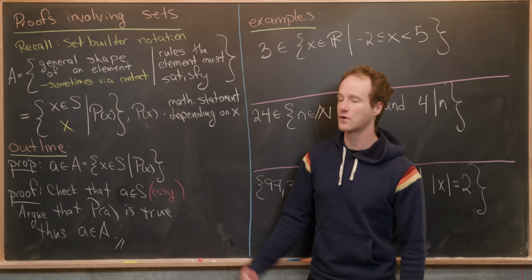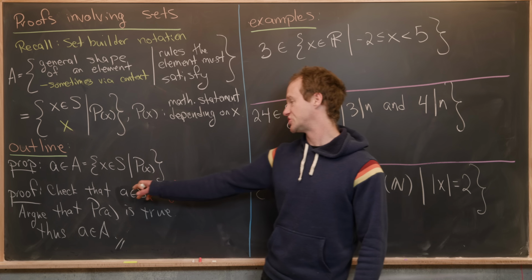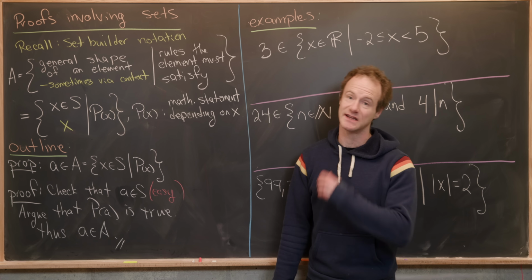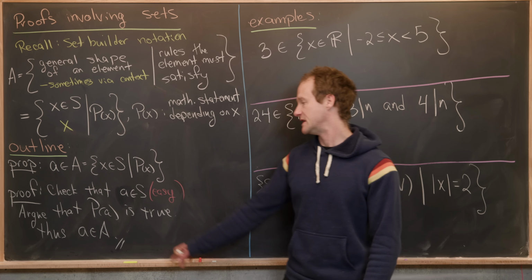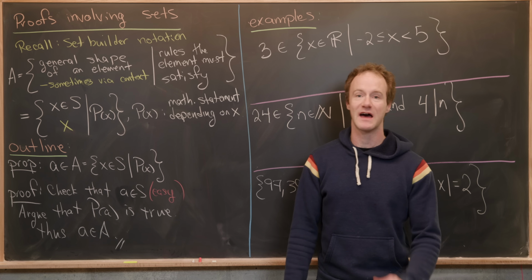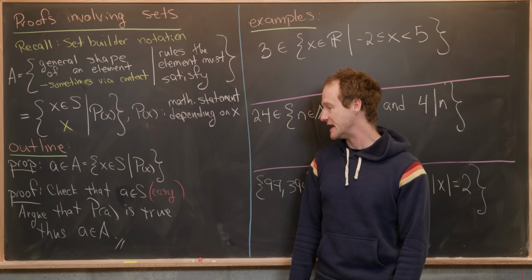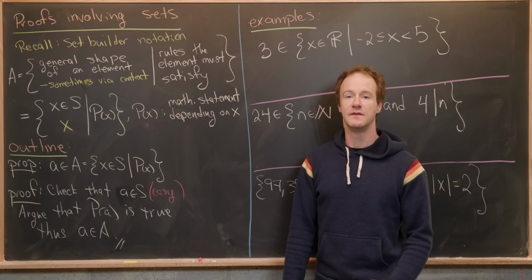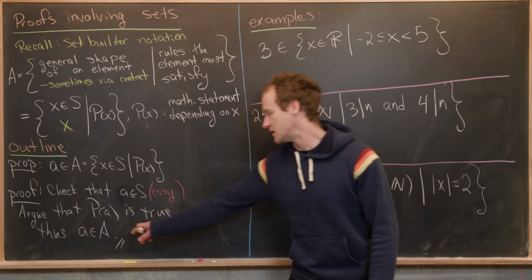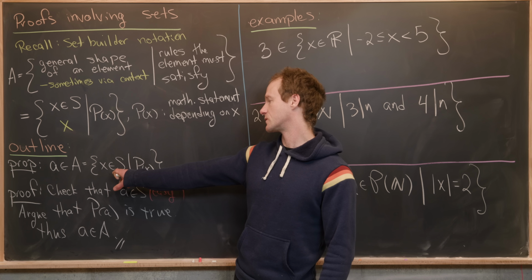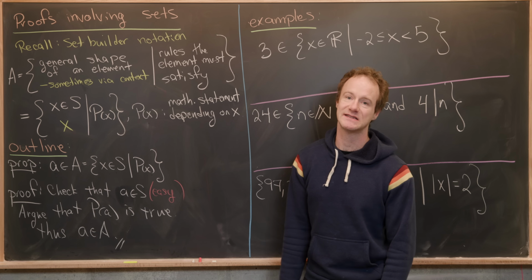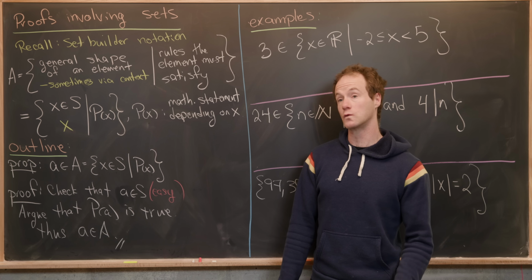Generally, you've got this first really easy step, which is checking that a is in S. In other words, it has the right general shape. Next, you want to argue that the mathematical statement P(a) is true. As long as you have those two things, you've shown that a is in the set capital A. It has the right general shape and it satisfies the correct rules.